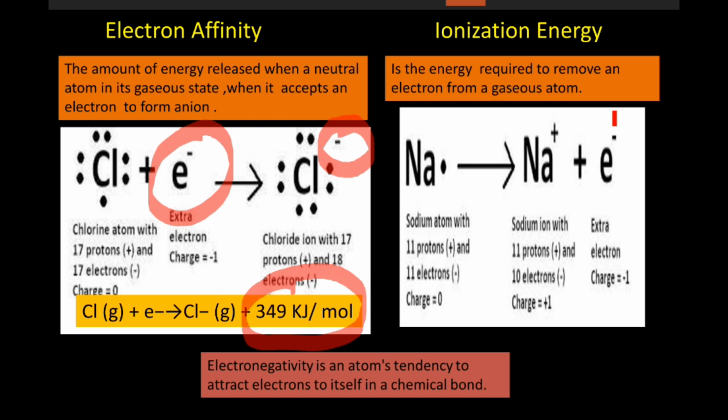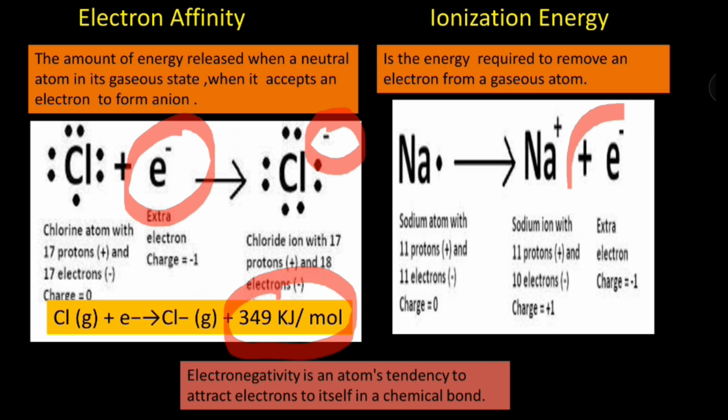Okay, so this will be different for different elements. Similarly, ionization energy is the energy required to remove an electron from the gaseous state. Don't get confused. When we add an electron, some energy is released, and that energy we call electron affinity. Whenever you remove an electron, that is ionization energy.